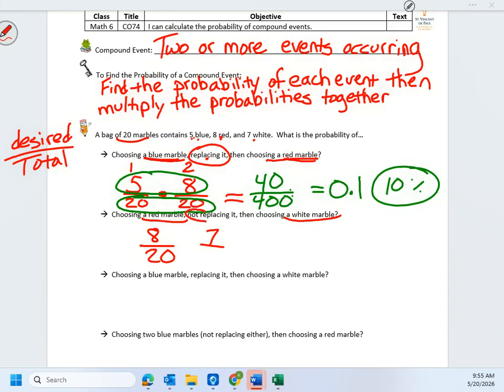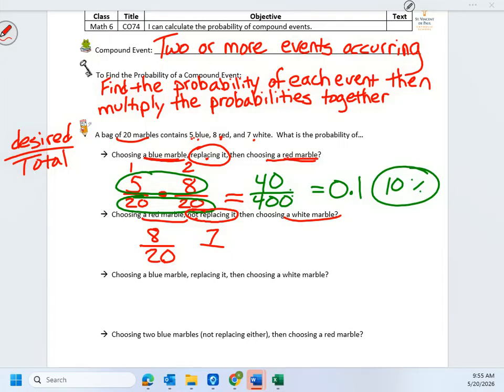So remember, not replacing it. What I like to do when I'm on this objective and I look at the word problems, I circle, am I replacing it or not replacing it? And when I see not, Leo, I know that number is not going to be the same for our total amount because I chose a red marble and I didn't put it back in the bag.